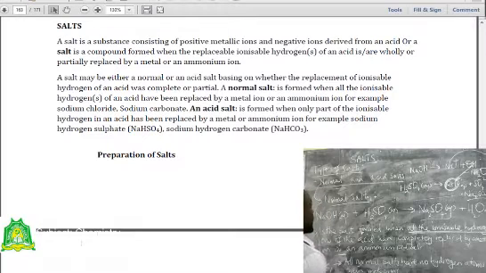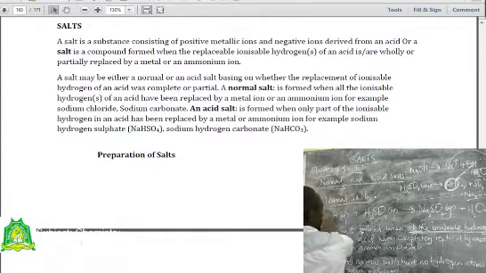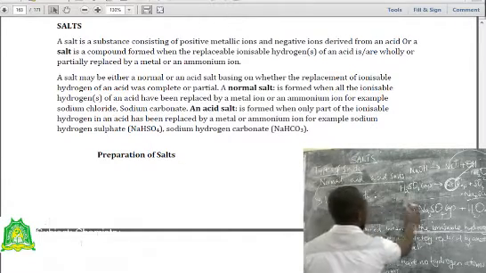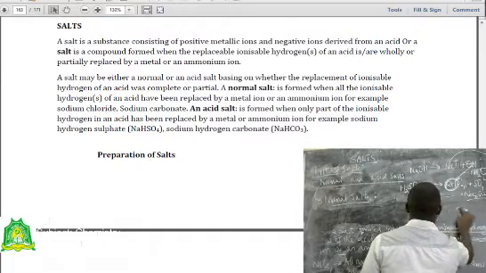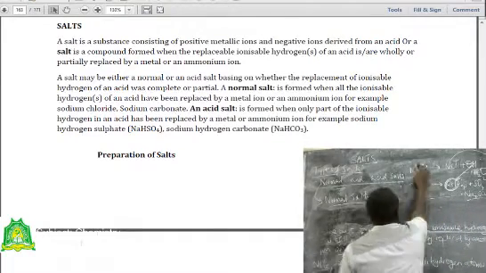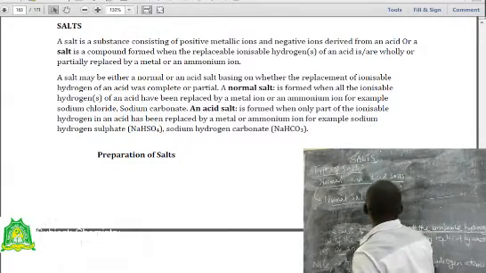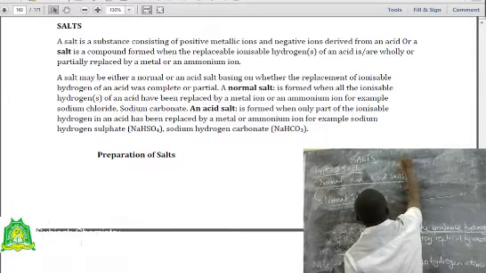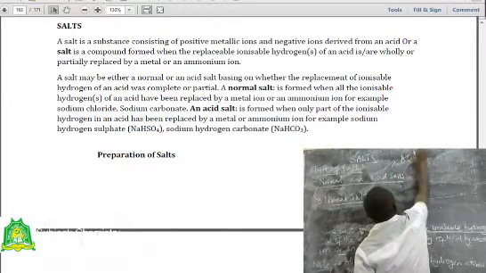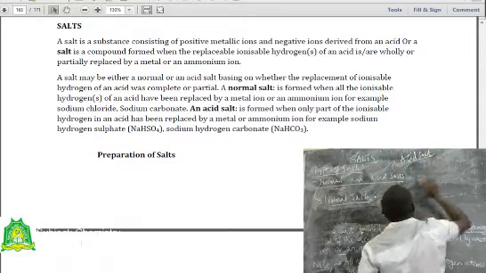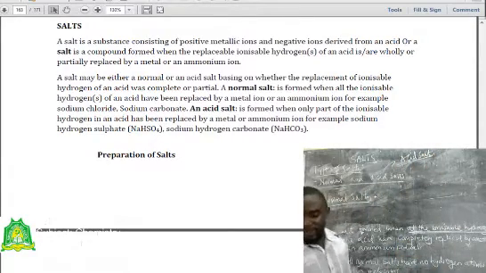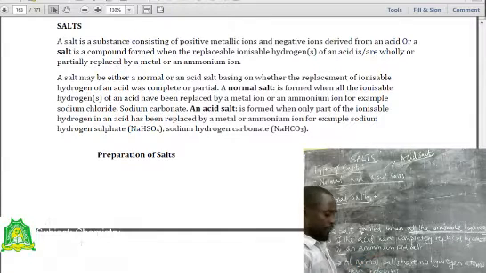And another category of salts, we come to the acid salts. So this one comes from the term acid, that is the substance that will produce hydrogen ions when dissolved in water as the only positively charged ions.